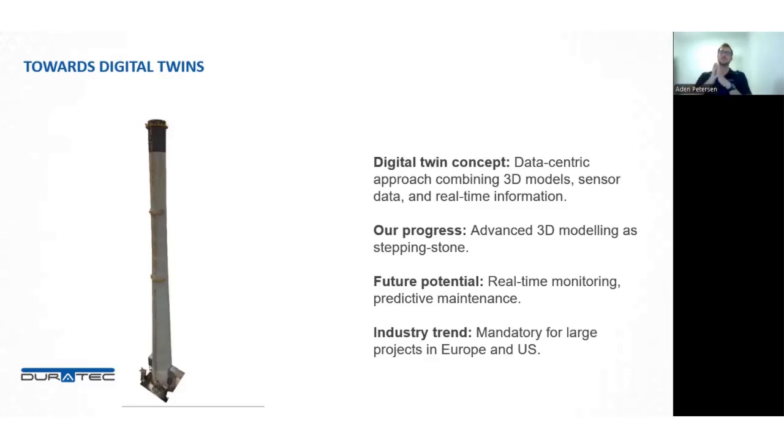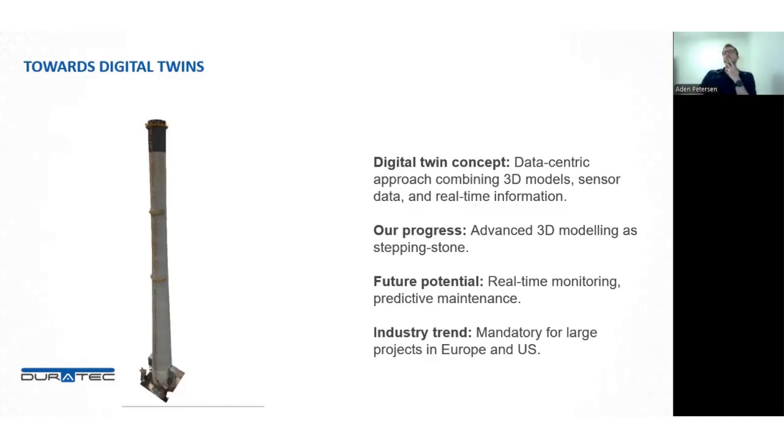So digital twins, as Mihaly mentioned, combine 3D models with sensor data and real-time information. It enables predictive maintenance and proactive planning. Just imagine if you had the Carillion with sensors monitoring concrete moisture, temperature fluctuations, and structural movement, as well as integration with the defect data and maintenance history, you have a pretty complete picture of what's happening to that structure.